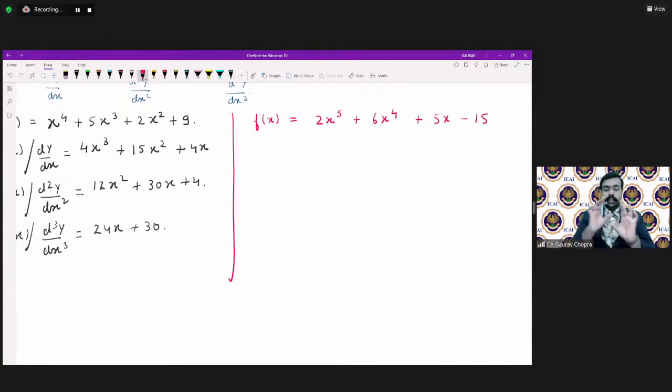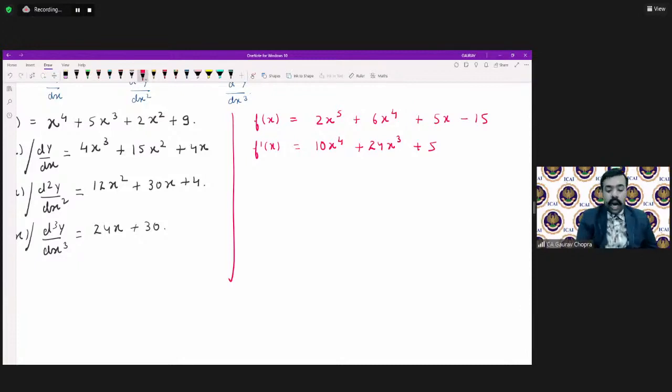Okay, so this is the normal function. We have to find out the first derivative f dash x. So we have to simply find out the derivative. What will happen? 10x to the power 4 plus 24x to the power of 3 plus 5. So this is the first derivative.